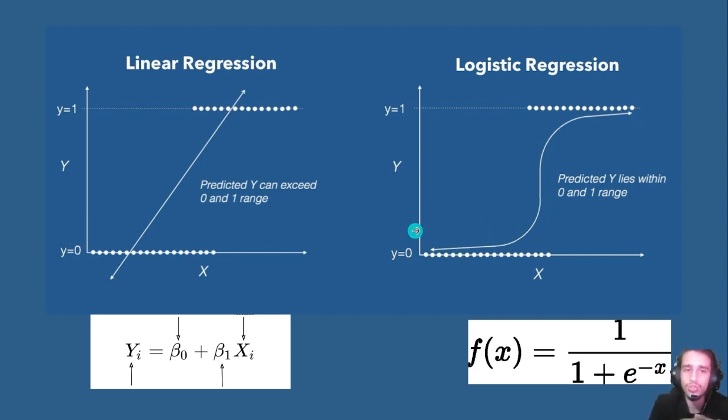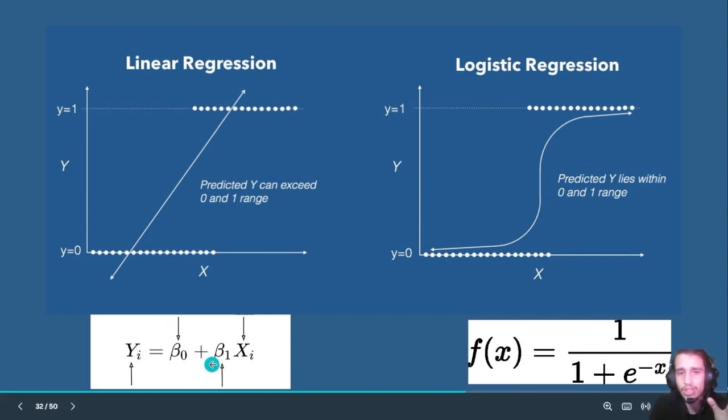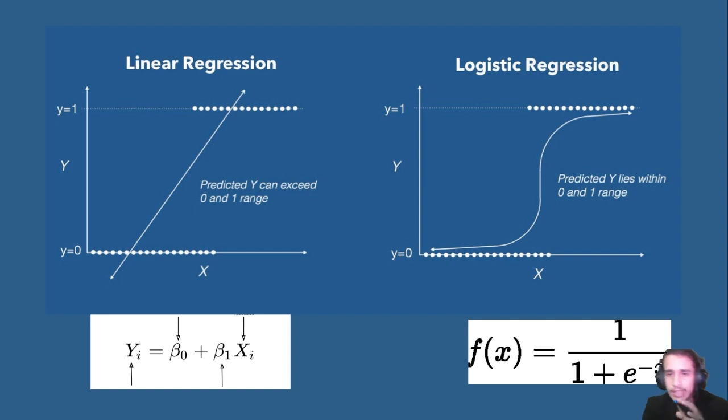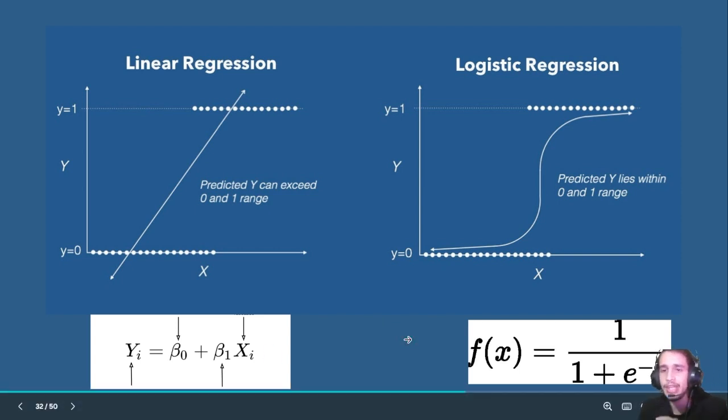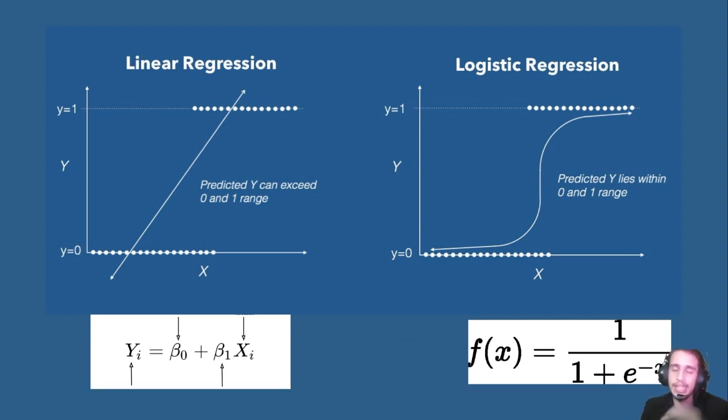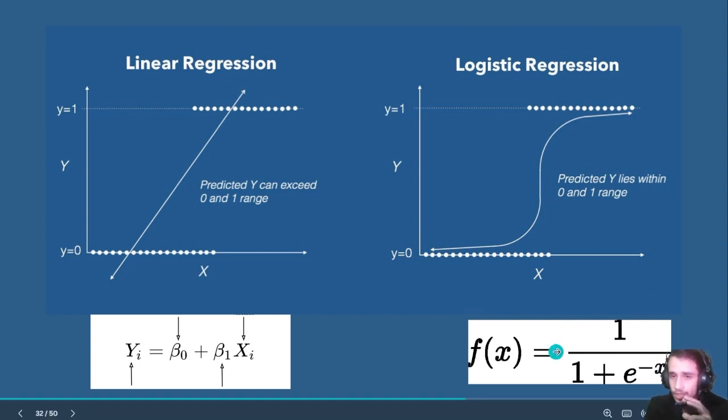So what is the formula of linear regression? We have seen in the previous videos that it is y equal to b naught plus b1 xi, and the formula of logistic regression is f(x) equal to 1 by 1 plus e to the power minus x. This is the formula of sigmoid.